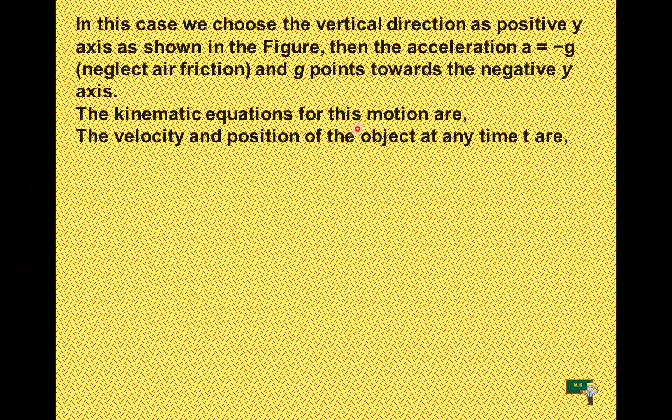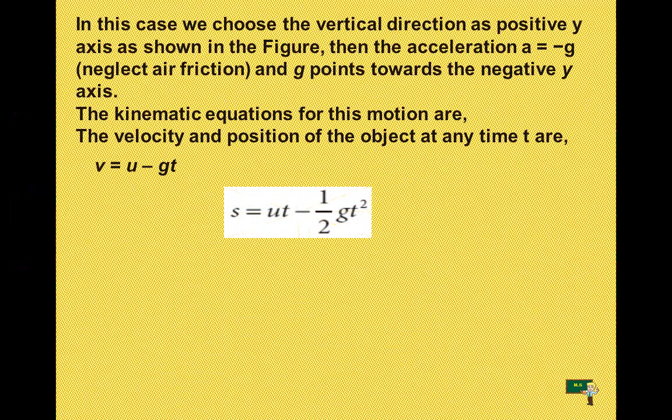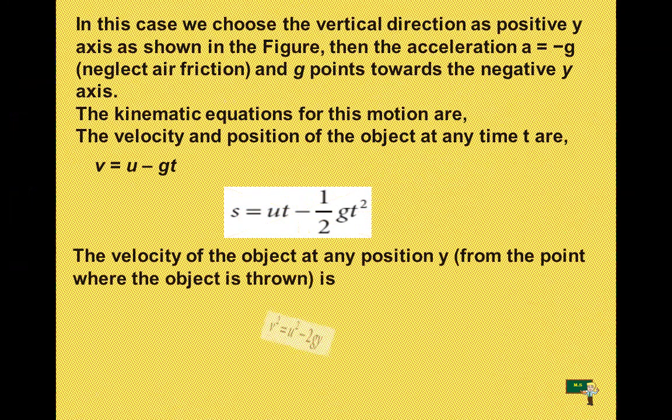Therefore, the kinematic equations for this motion, the velocity and position of the object at any time t, are v is equal to u minus gt, and s is equal to ut minus 1 by 2 gt square. The velocity of the object at any position y from the point where the object is thrown is v square is equal to u square minus 2gy, absolutely reversed from the initial one.